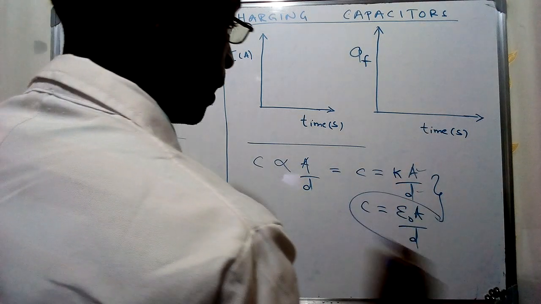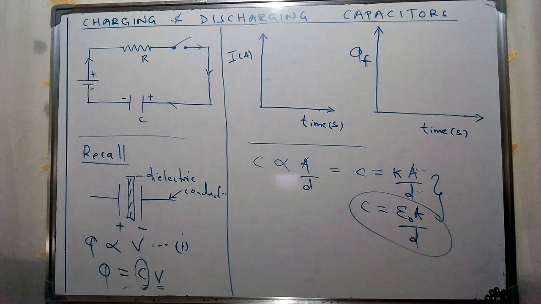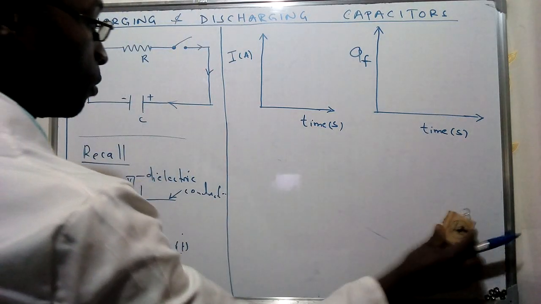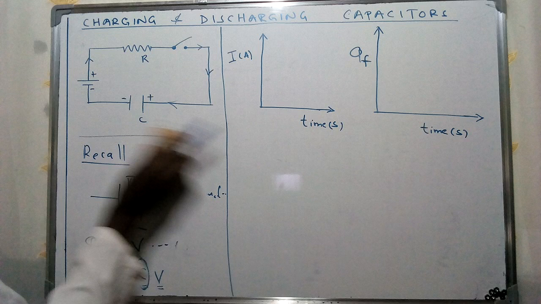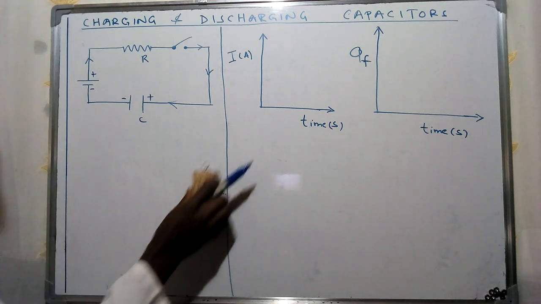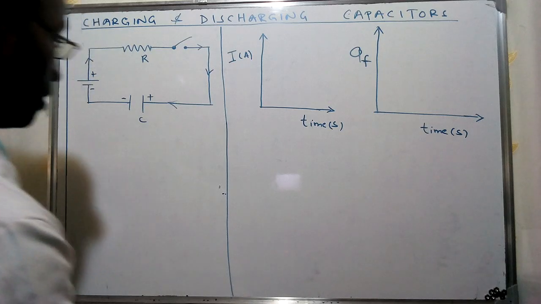And this, of course, from our last discussion gave us what we refer to as the concept of capacitance. Now, in our discussion today, I'm going to look at the aspect of charging and discharging. And as I've said, of course, these two specific illustrations for the right and left are going to give us an illustrative way of trying to understand how this concept of charging and discharging of capacitors is going to be taking place.